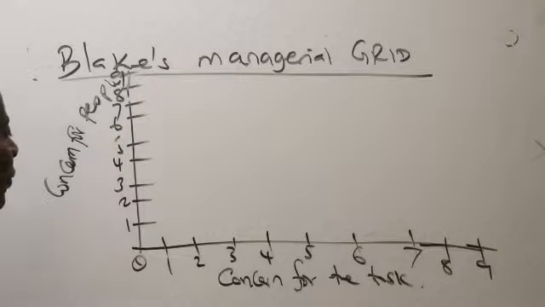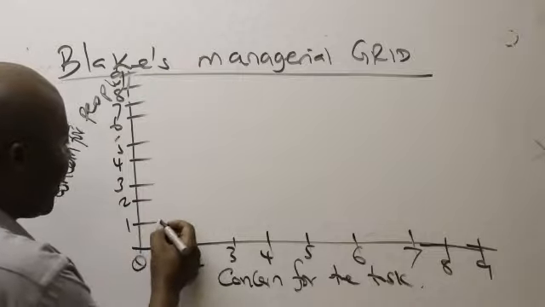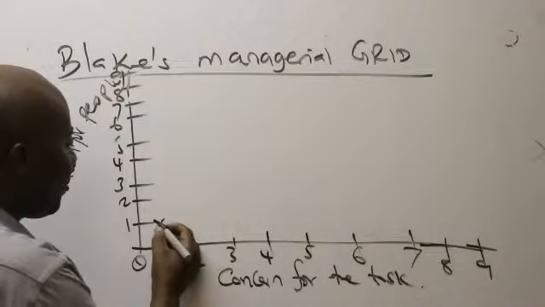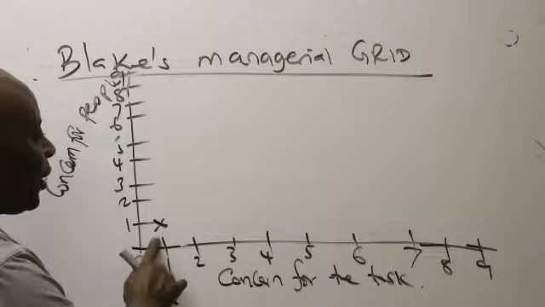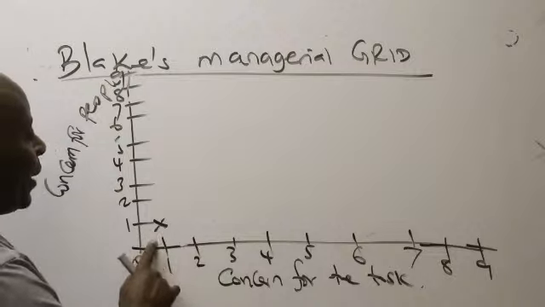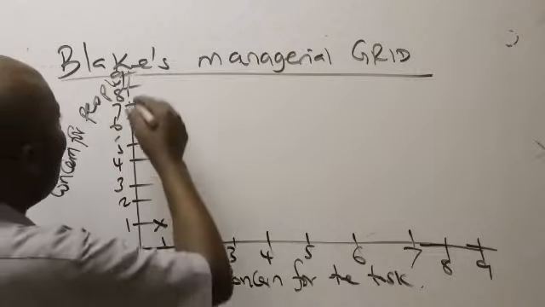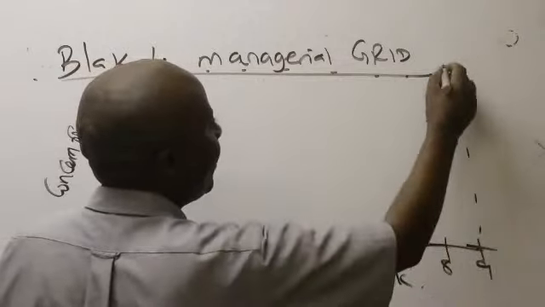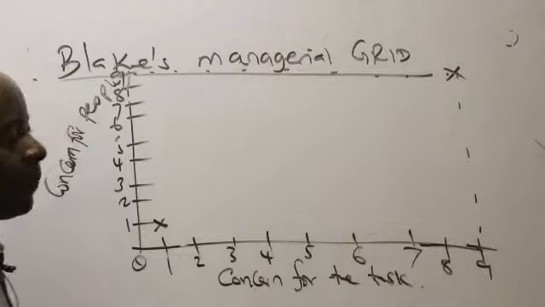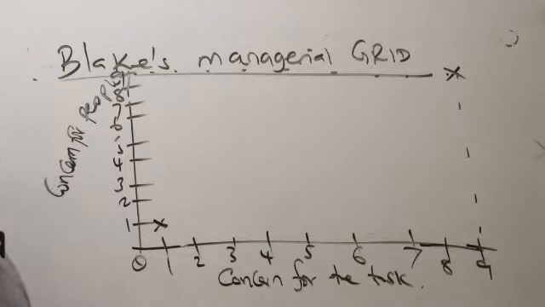Of course we'll be having various managers here, like now we have this manager who operates at this particular point. We have another manager, ladies and gentlemen, for example, who is at 9, 9.